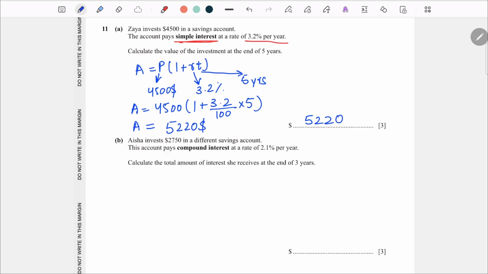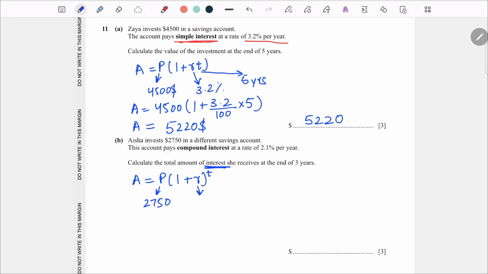In part B, Aisha invests $2,750 in a different savings account. This account pays compound interest at a rate of 2.1% per year. Calculate the total amount of interest she receives at the end of 3 years. So the formula for compound interest is A is equal to P bracket 1 plus R to the power T, where P is the amount of money that she has invested, which is 2,750.